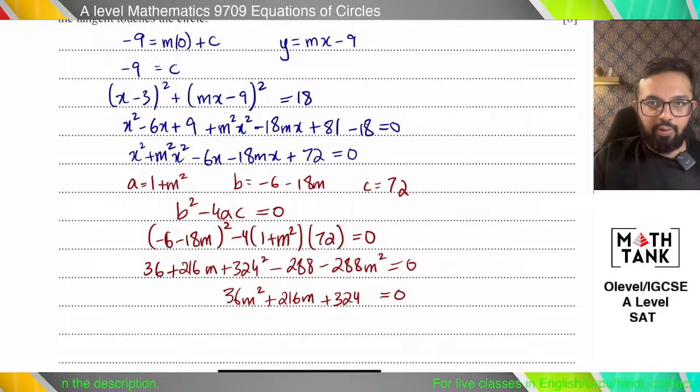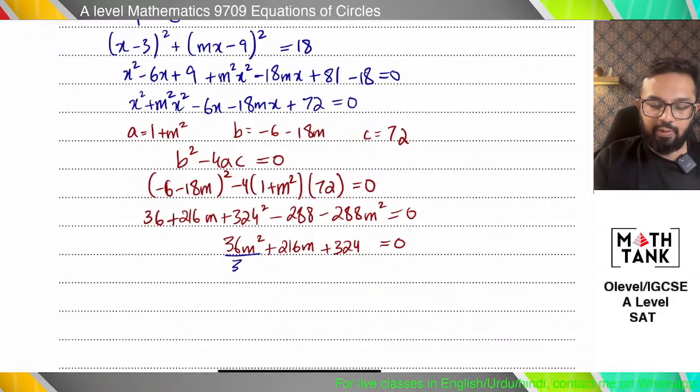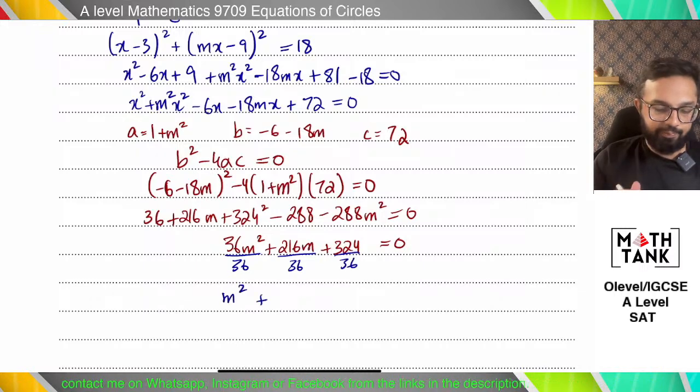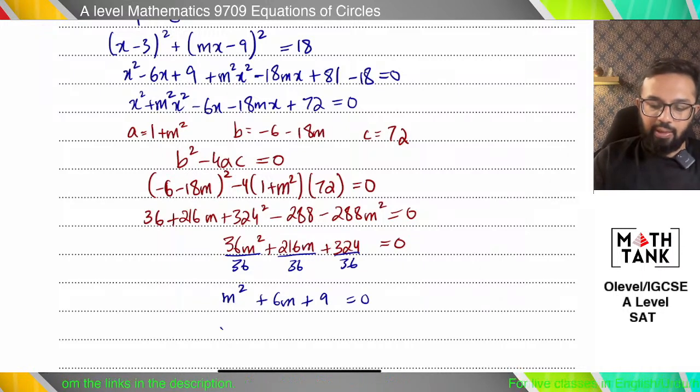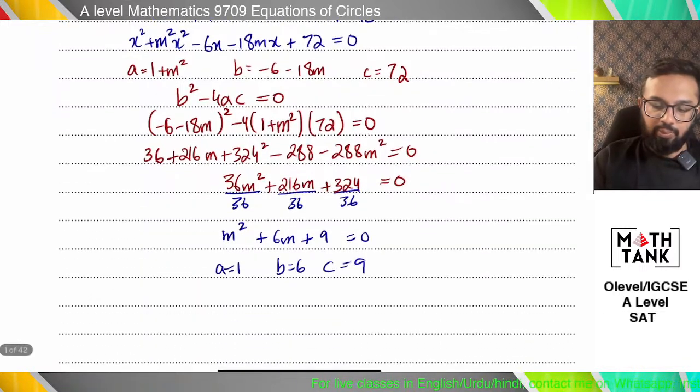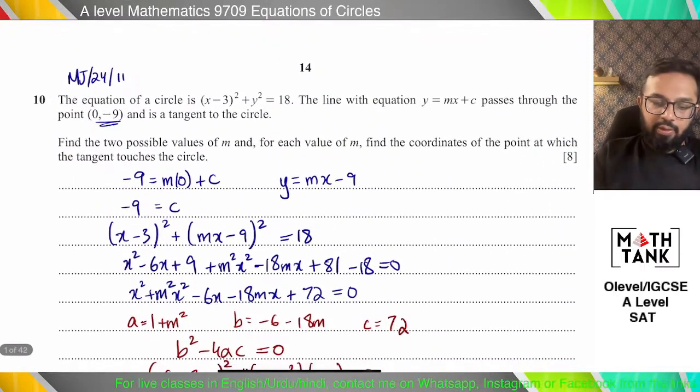I think all of these are divisible by 36, so I'm going to reduce everything just to make the numbers simple. Then I use my calculator to solve the quadratic, and I'm going to get m equals −3. Just find the two possible values of m.